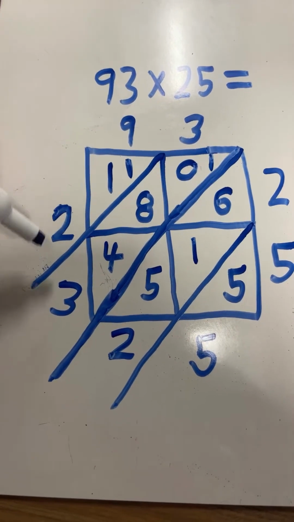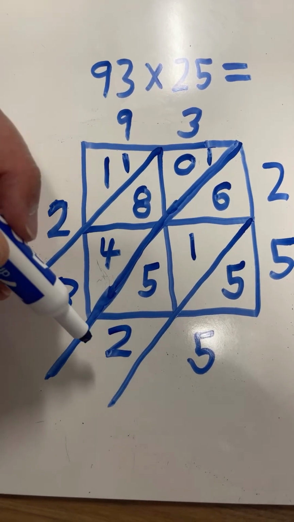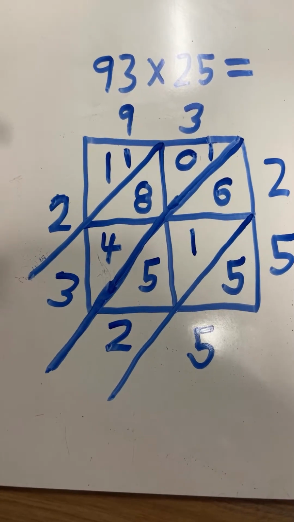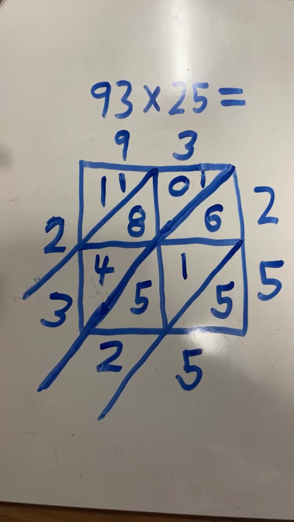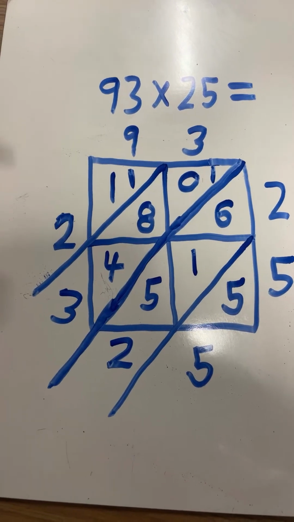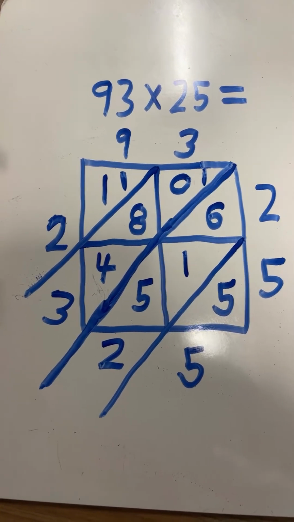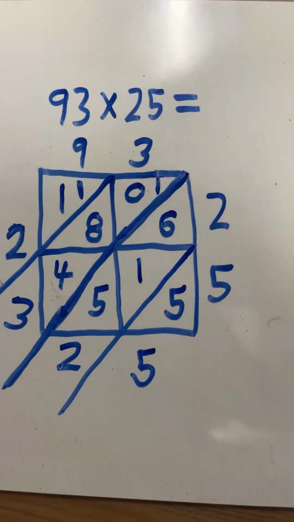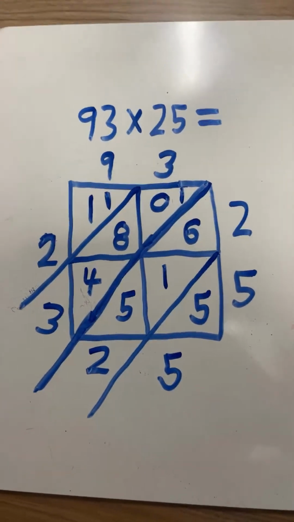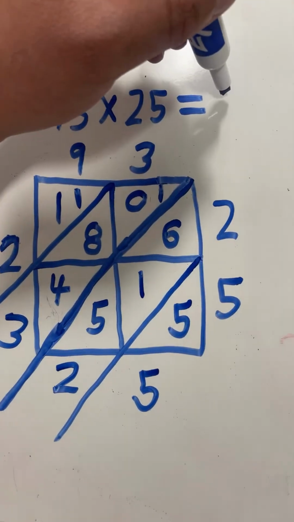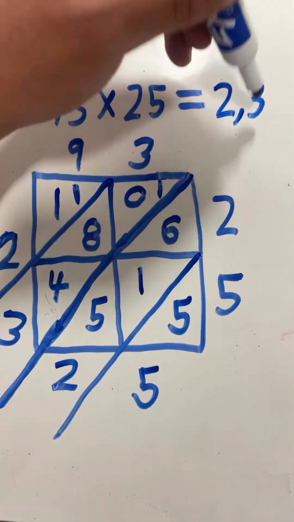So we have a 2 in the thousands place, a 3 in the hundreds place, a 2 in the tens place, and a 5 in the ones place. So our answer, and the person in the chat got it correct, is 2,325. You are right, you are correct. 93 times 25 equals 2,325.